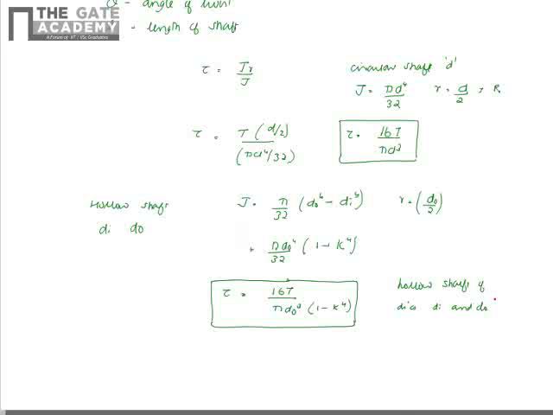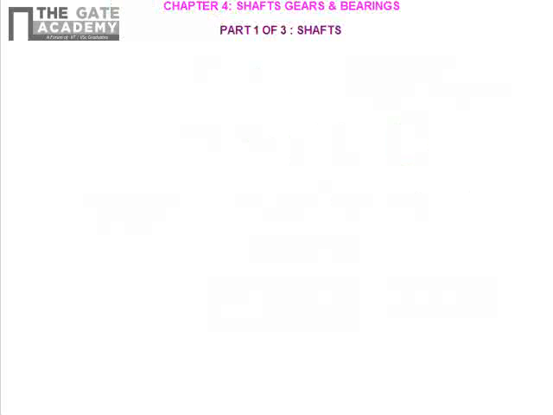Now we will see what happens when we have a combination of these loadings. Therefore, to sum up, we can say the bending stress in the shaft is given by 32 M by pi d cube for a solid shaft, or it is given as 32 M by pi do cube into 1 minus k raised to 4. This is the bending stress in the shaft.